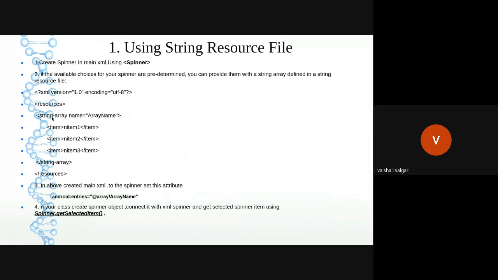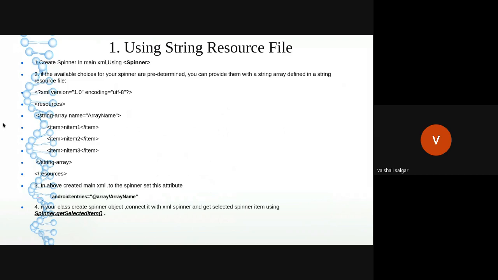In that string.xml file, we want to add the list of values which we want to associate with the spinner. In order to add those values, we have to create a string array.